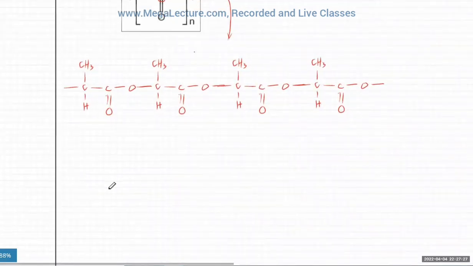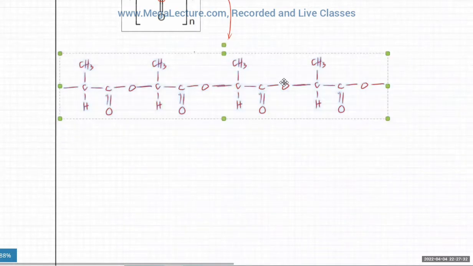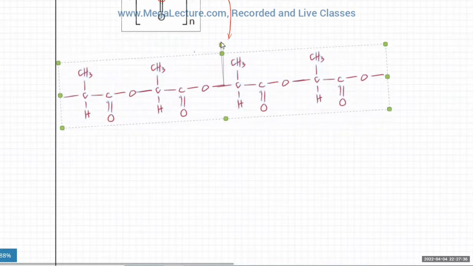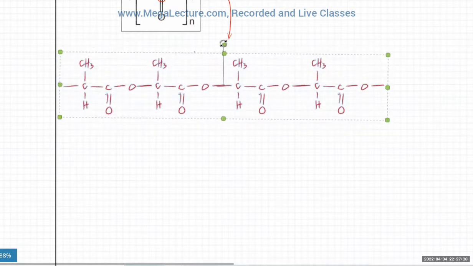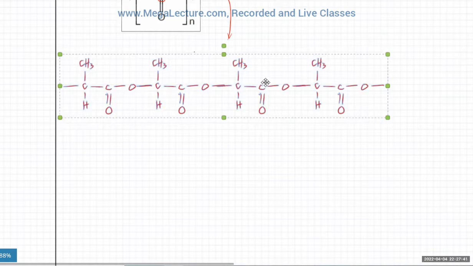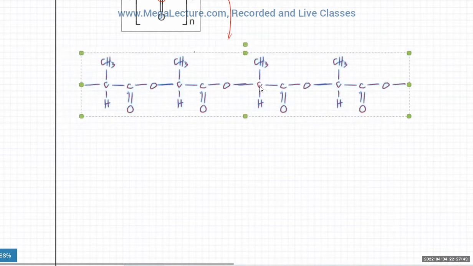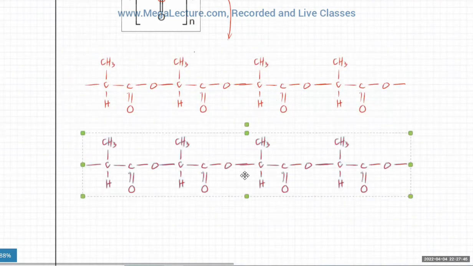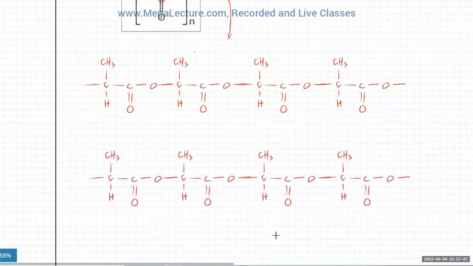But let me make a copy of this. So same thing. I'm going to start breaking the ester links. So that's an ester link that's gone. Here's an ester link that's gone.